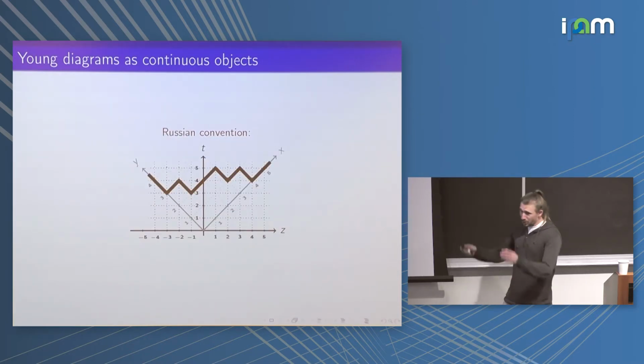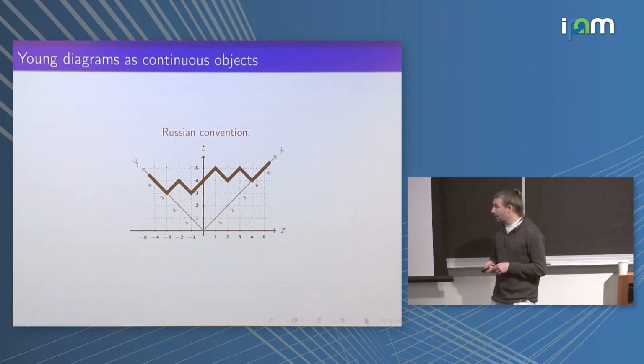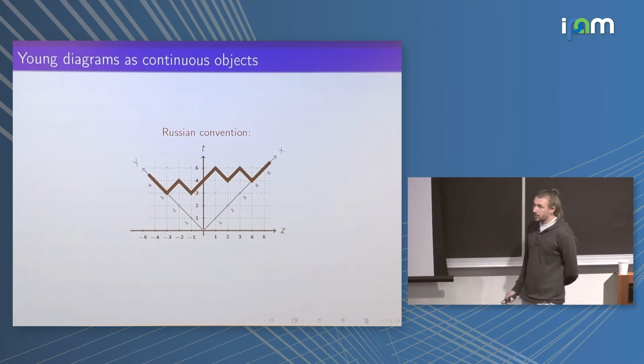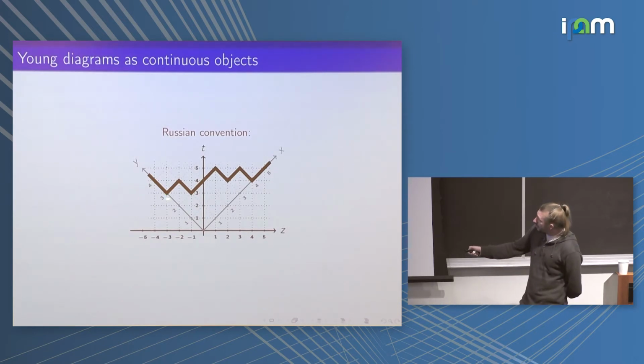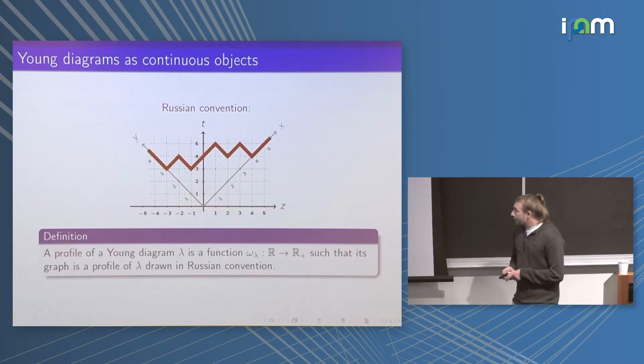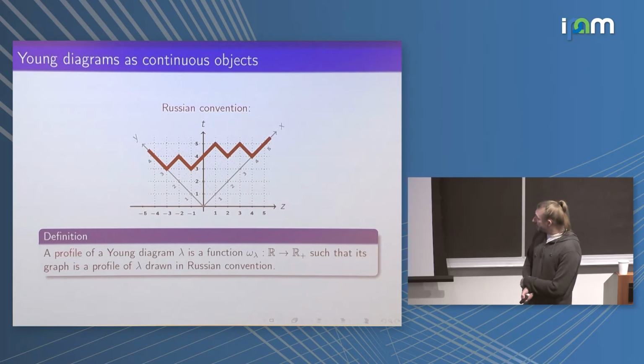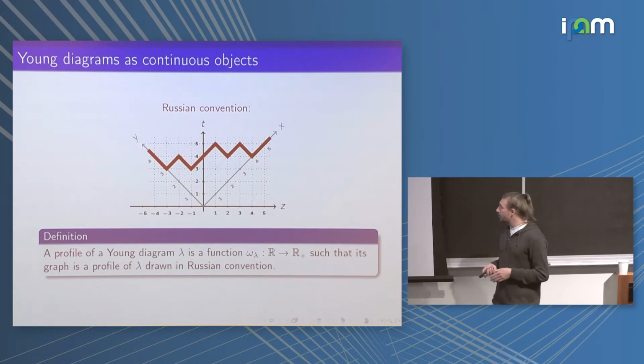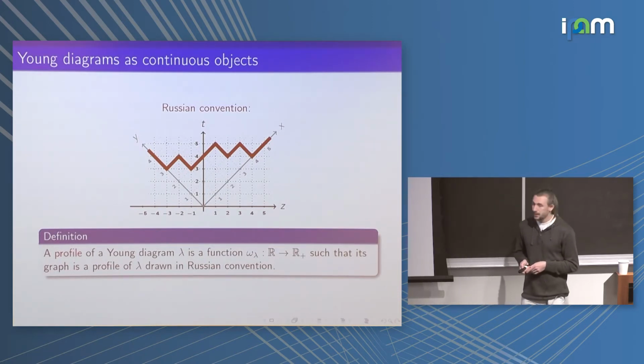So what you're doing, you're simply rotating your Young diagram by 45 degrees counterclockwise, and you stretch it by square root of 2, and this is the Russian convention. So now I'm interested in this thick black line, which is the profile of my Young diagram. And this is just a function from real to positive real, which behaves like absolute value of x for big x.